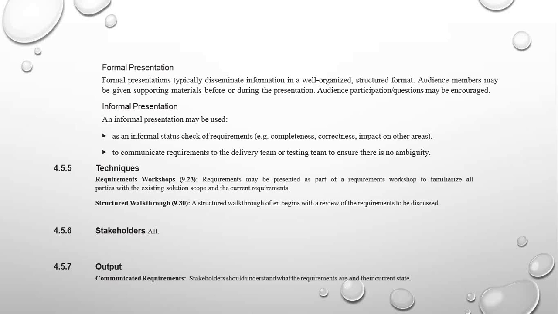That's what the structured walkthrough is. The requirement workshop is part of the requirement management and requirement analysis initiative, where you keep a small workshop where all the parties come and join on a regular basis, and you discuss the requirements, in scope, out of scope, and so on.